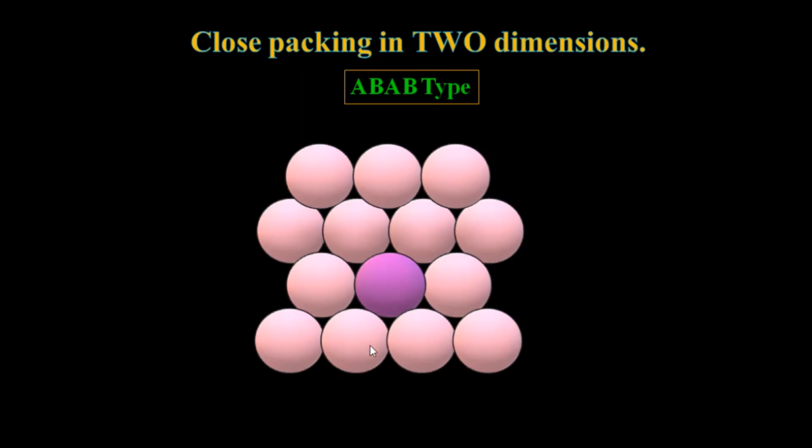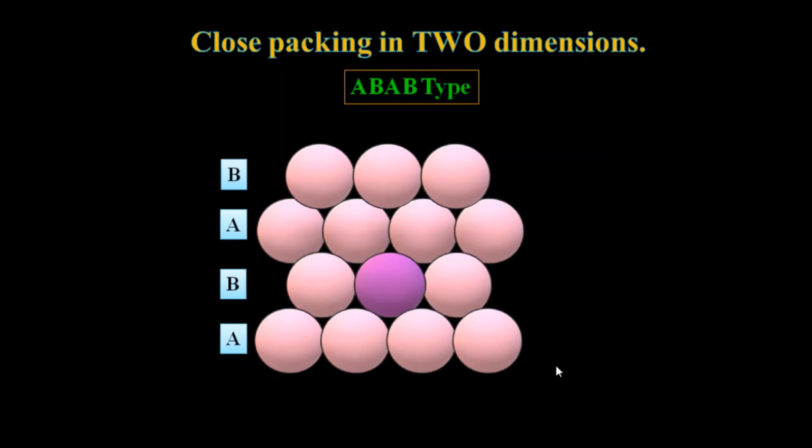That means the spheres in the first row are not aligned with the spheres of the second row, so this arrangement is different. But the spheres of the first row are aligned with the spheres of the third row. If the arrangement of the spheres in the first row is called A type and the arrangement in the second row is called B type, then the arrangement of the third row is the same as that of the first row and therefore it is called A type.